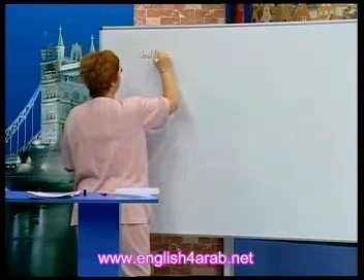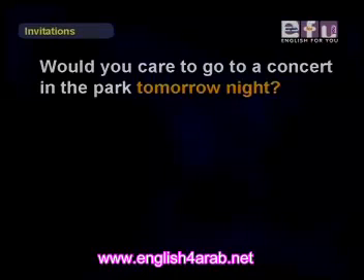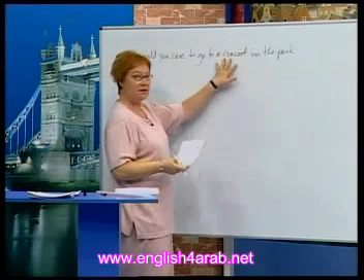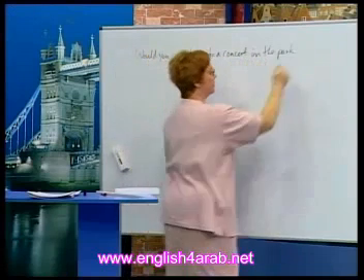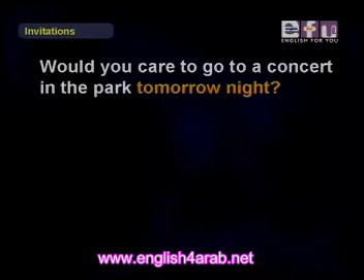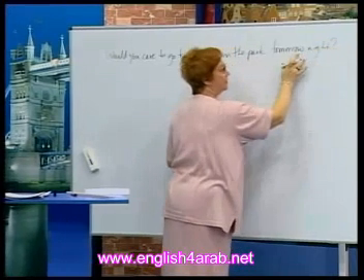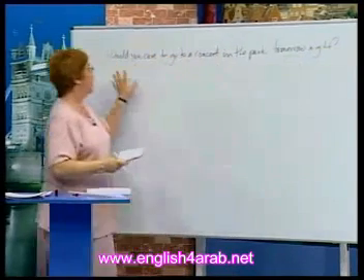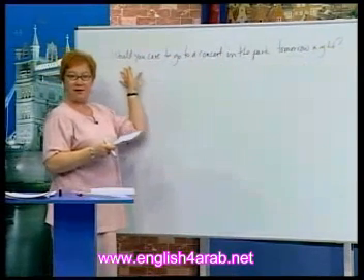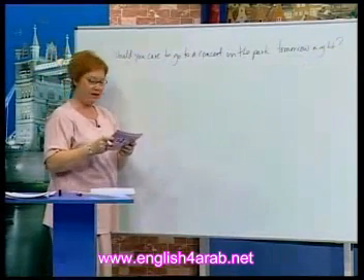Would you care to go to a concert in the park? Okay, we have what? We have where? Tomorrow night. Here's the time. Would you care to go to a concert in the park tomorrow night?